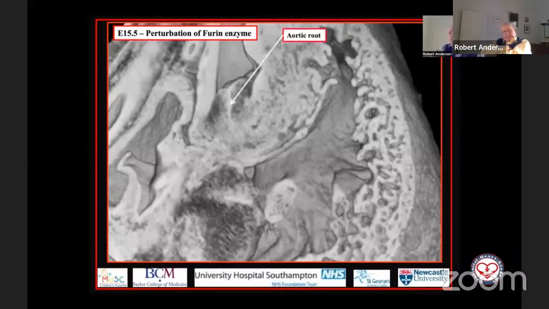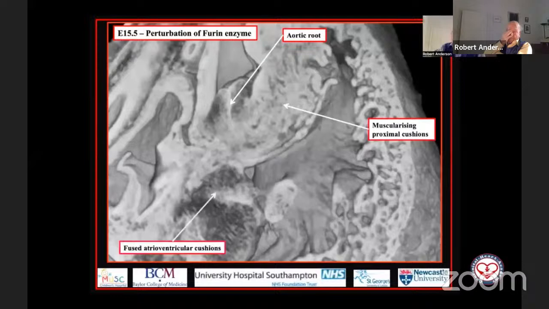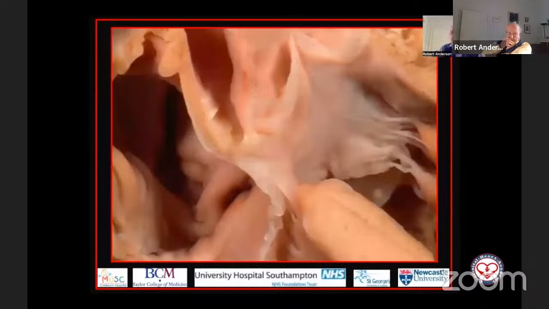What we see here is the aortic root almost committed to, or indeed committed to, the left ventricle. The cushions have muscularized, have fused, have almost but not quite blocked off the tertiary interventricular communication, because in this instance, the fused cushions have been unable to form membranous septum, leaving us a persisting aorto-right ventricular communication that we call the perimembranous ventricular septal defect.